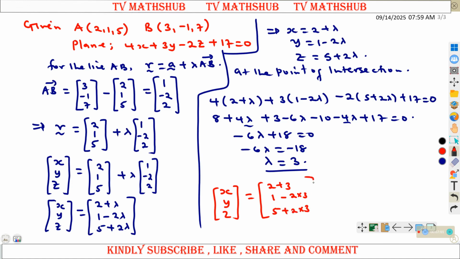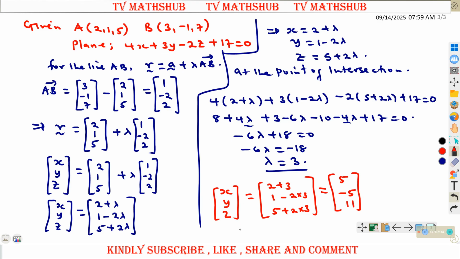We are substituting for lambda in these components, and this will be giving us 5. 1 minus 6 will give us negative 5, and 5 plus 6 will give us 11. So this will be the point of intersection.